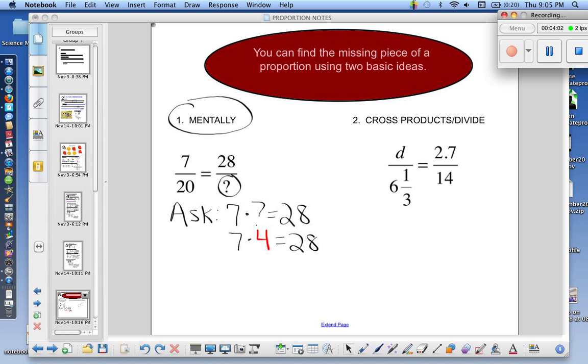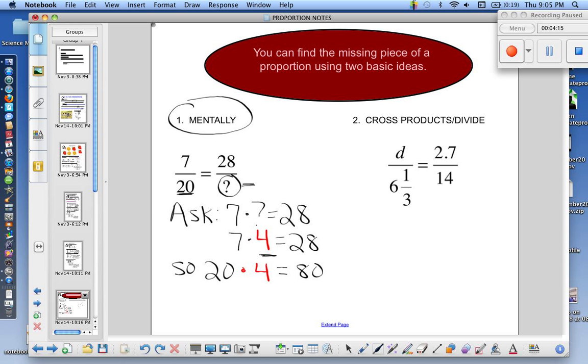So if 7 times 4 gives us 28, now we also have to use this 4 and multiply it by 20 to find this question mark. So 20 times 4 gives you 80.